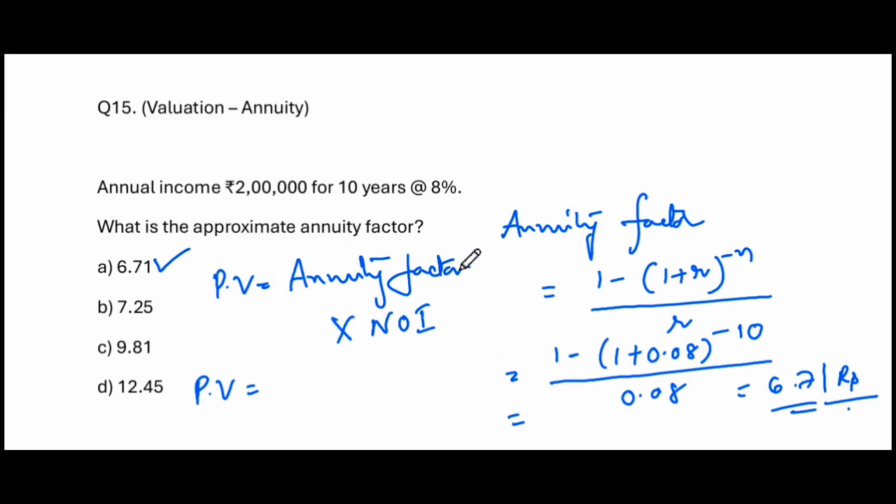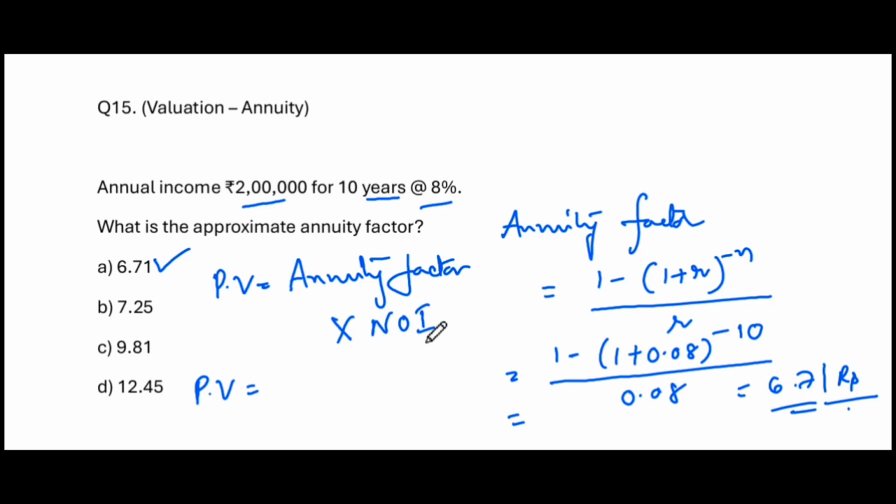So how much investment do I have to put right now? Suppose I want to purchase a property which is generating an income of 2 lakhs for 10 years at 8% rate of return. So what will be the present worth of the property? The annuity factor is this much, right? This is the annuity factor I got.